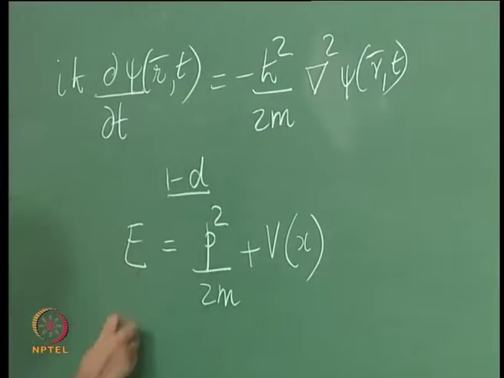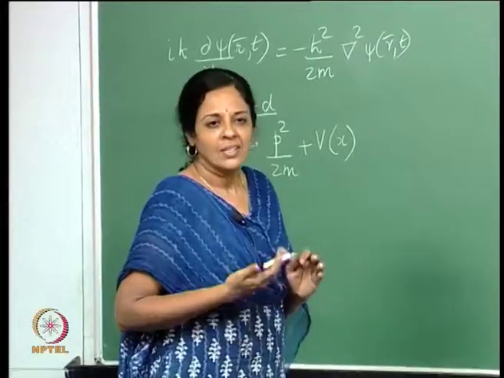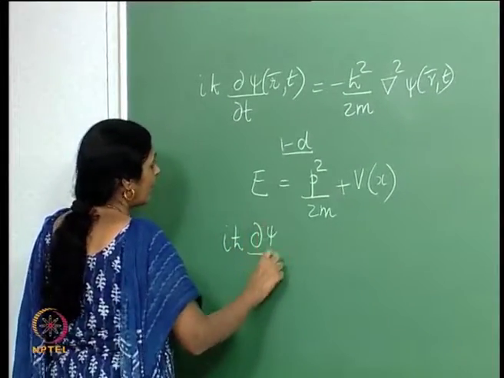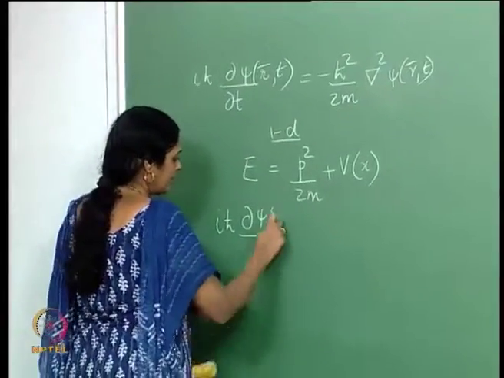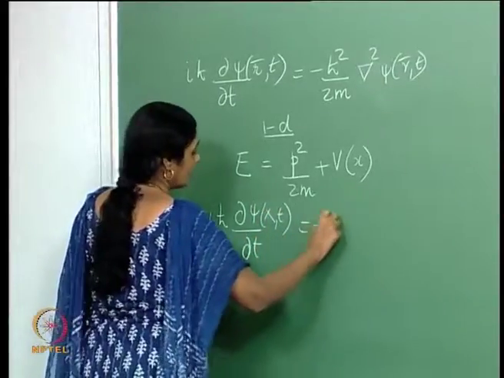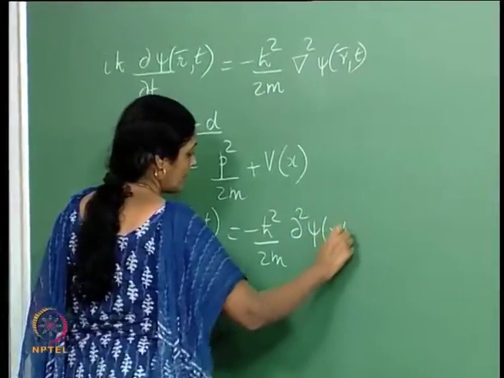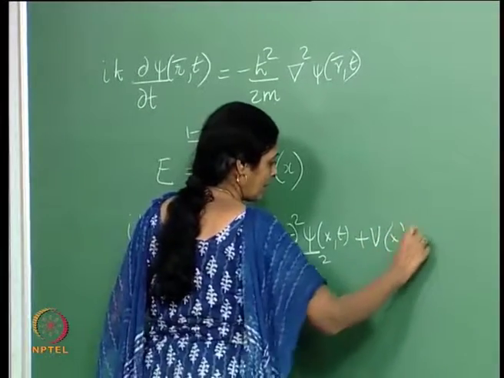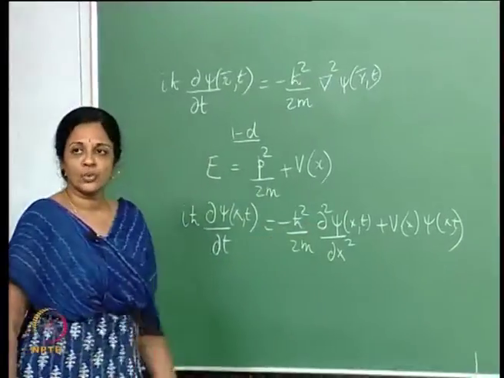And therefore, if I now put in this potential and write the Schrodinger equation for a particle of mass m and momentum p subject to a potential V of x, I have the following, in 1 dimension, acting on psi of x, t, and that is all there is to it.